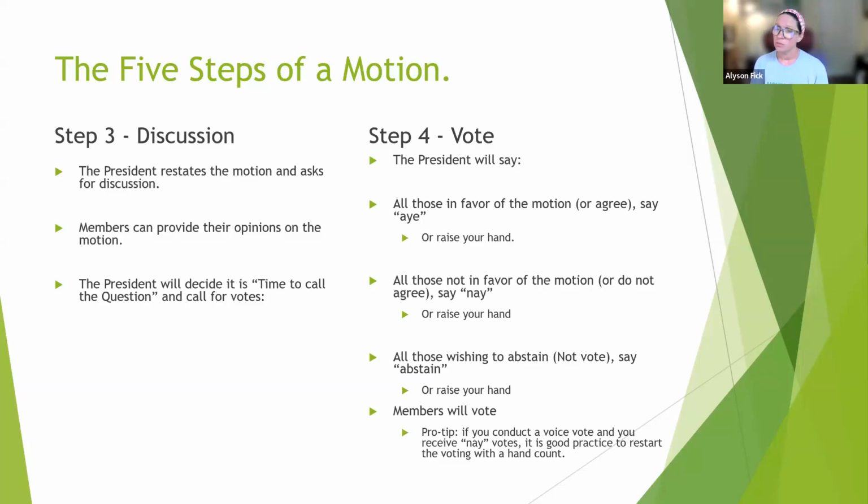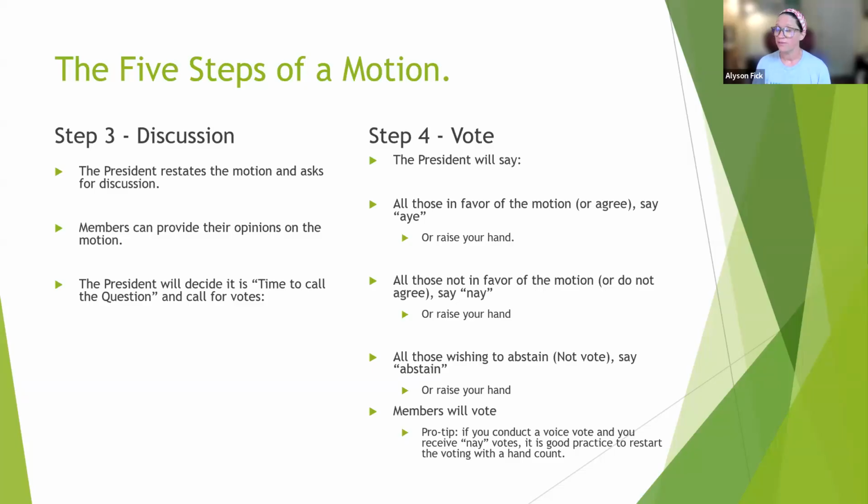Once all of the discussion has been had, it's time to move to step 4, the vote. The president will then say, all those in favor of the motion or agree, that's the other way to say in favor, all those who agree with the motion say aye, or if you're taking a hand count, you would ask everyone to raise their hand.